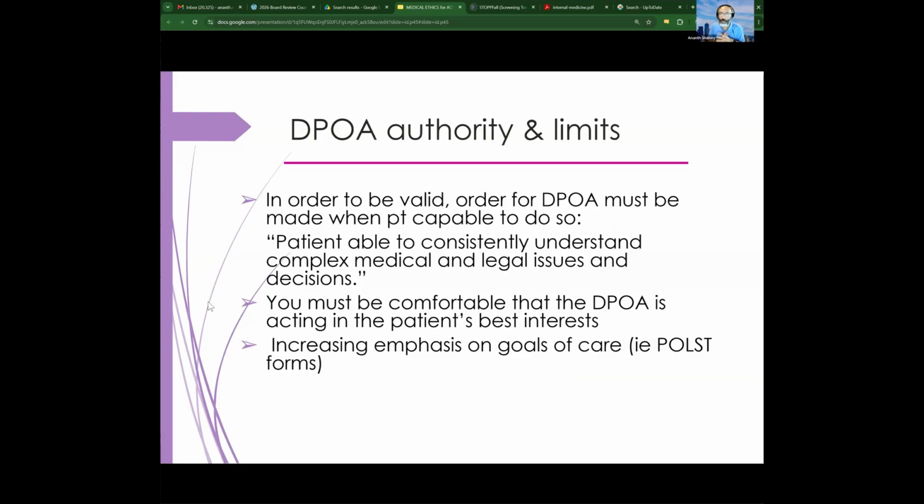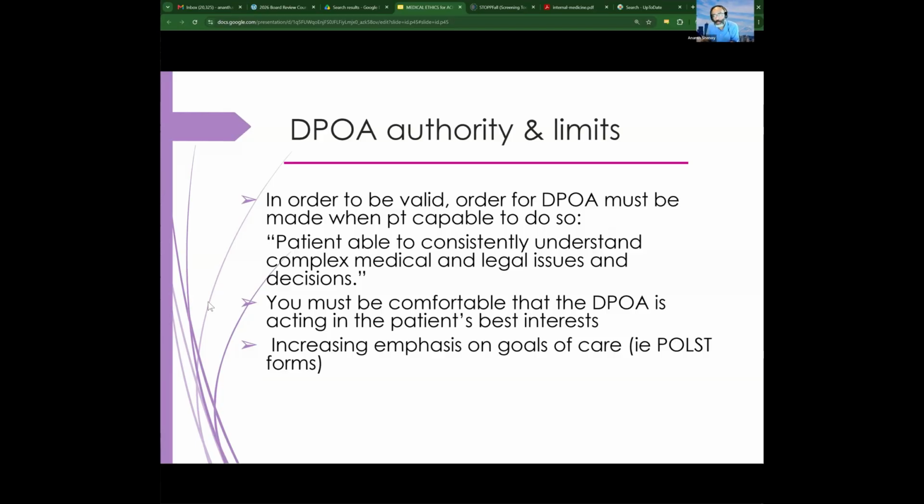Now, there are limits to it. When a patient is choosing a power of attorney, the patient has to be able to demonstrate that they understand what they are doing and that they are choosing to vest this other person with this authority in the case that they become incapacitated. So, someone who is altered in the moment where they're trying to assign power of attorney likely cannot; it is not appropriate for them to do so.